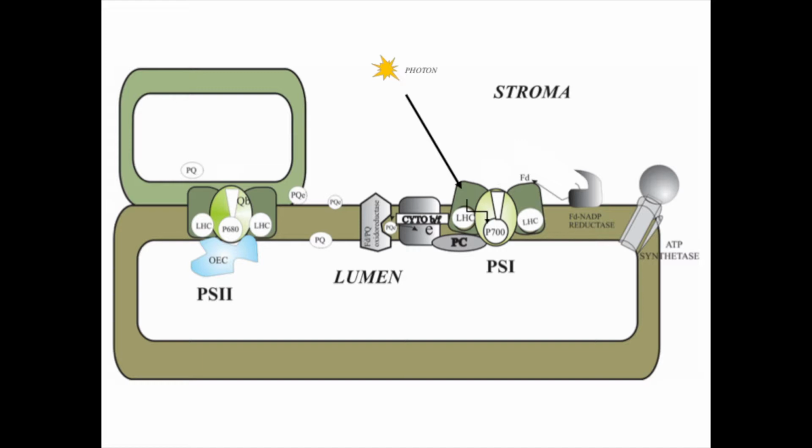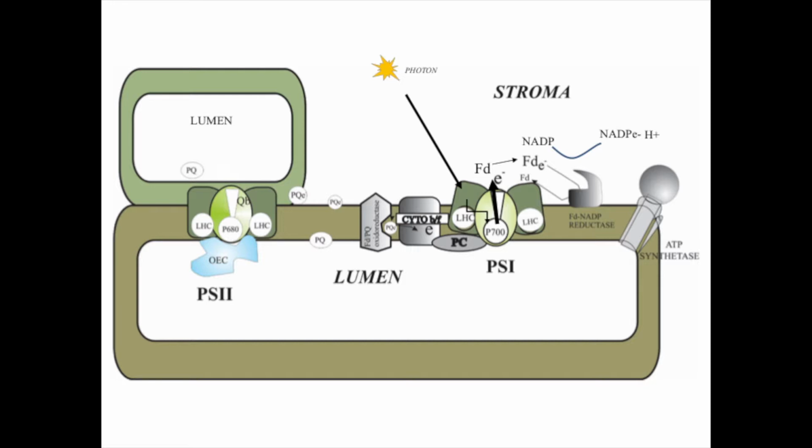The light energy is passed from one chlorophyll to the other in the complex with 100% efficiency until it reaches the P700 reaction center chlorophyll. When it does, the energy from the photon is used to excite or energize an electron in that molecule. This forces the electron to an outer electron orbital.